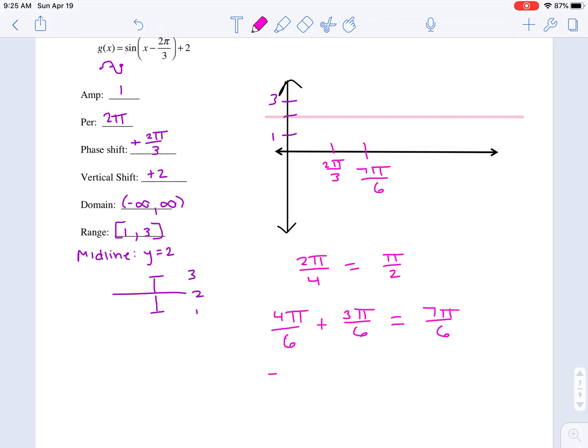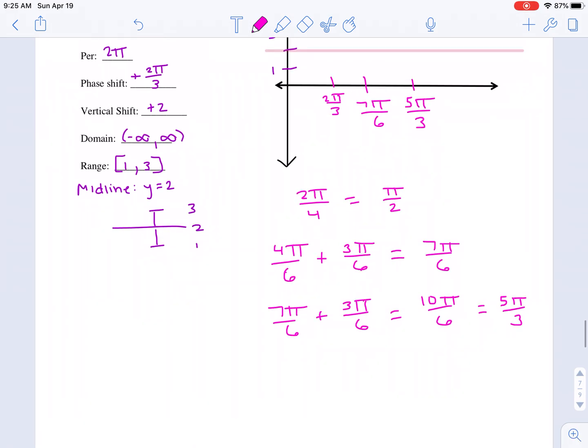Okay, I'm going to take 7 pi over 6, add my same 3 pi over 6 again, and get 10 pi over 6. Which reduces, right? That reduces to 5 pi over 3. But when I go to keep adding, I may as well just keep the 10 pi over 6 so that it already has the common denominator.